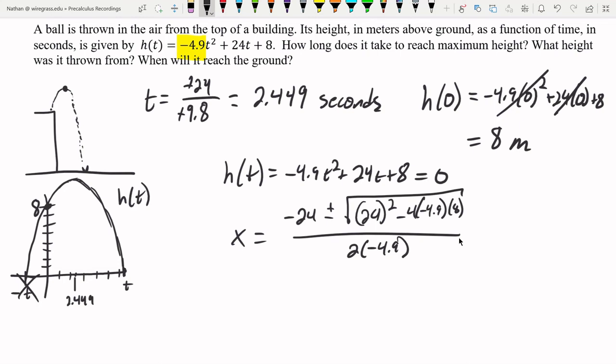Okay. Go ahead and calculate this. We get negative 24 plus or minus the square root of 732.8, over negative 9.8.